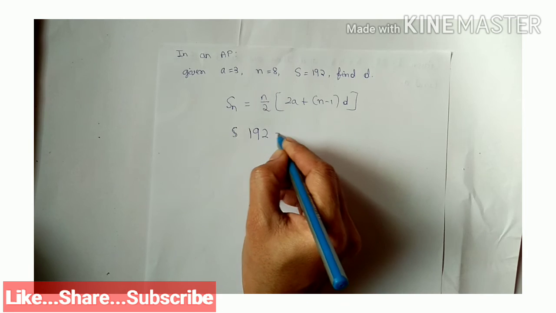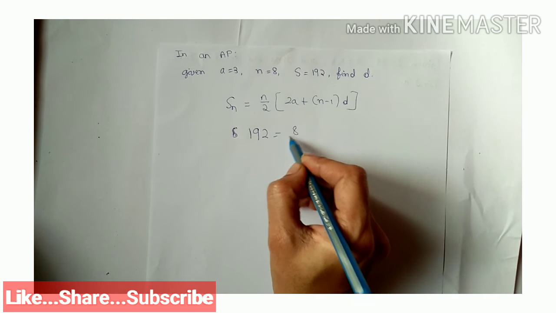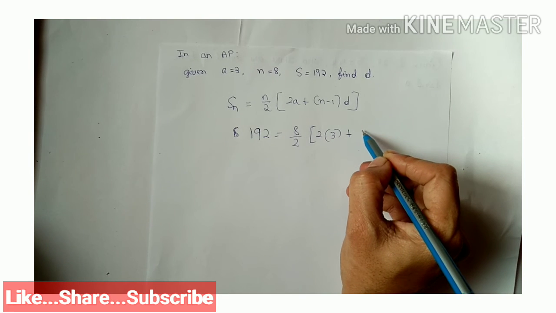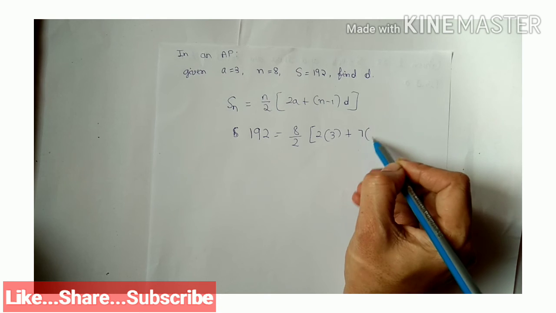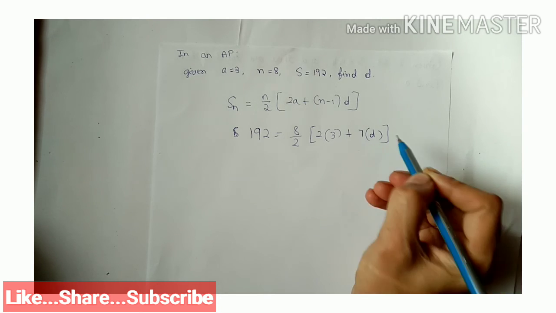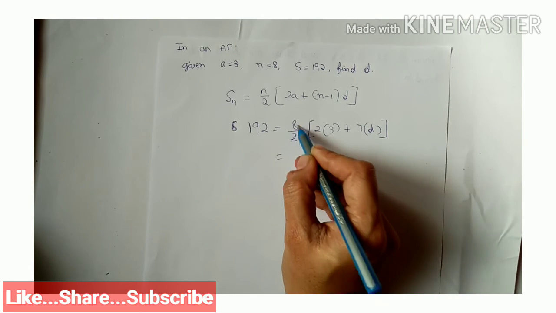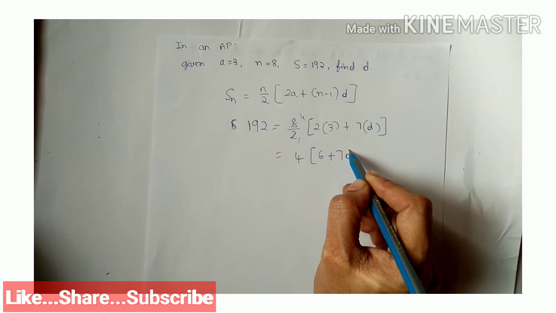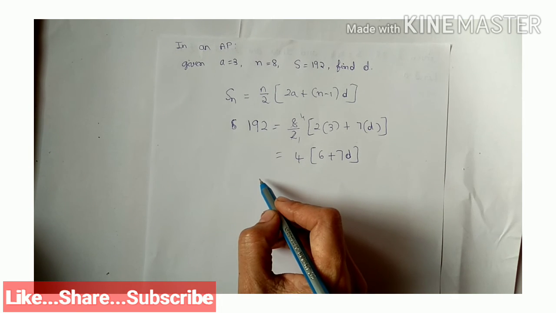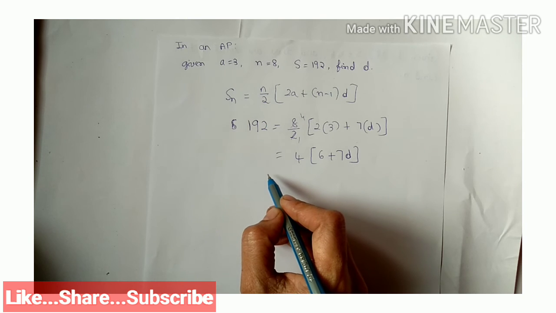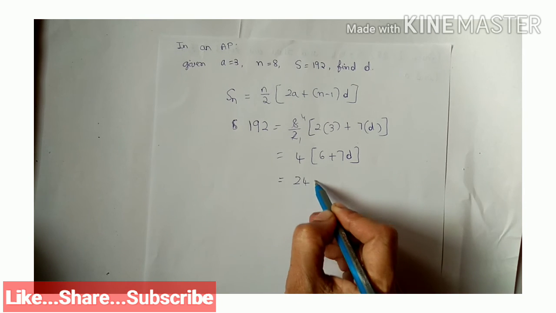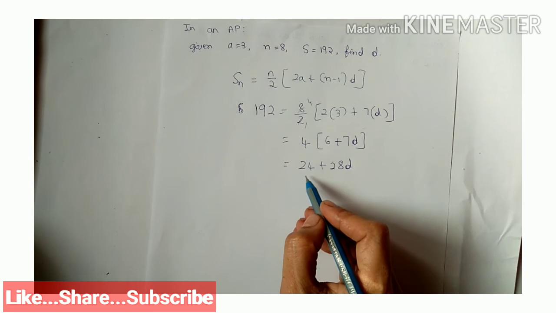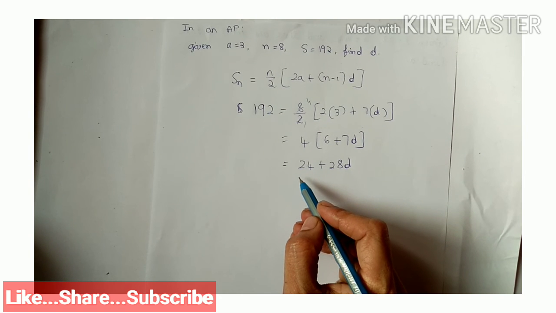Then 192, n is 8, 8 by 2, 2 into 3 plus 8 minus 1 into 7d. 2 ones are 2, 2 fours are 4, 6 plus 7d. 6 fours are 24 plus 7 fours are 28d.